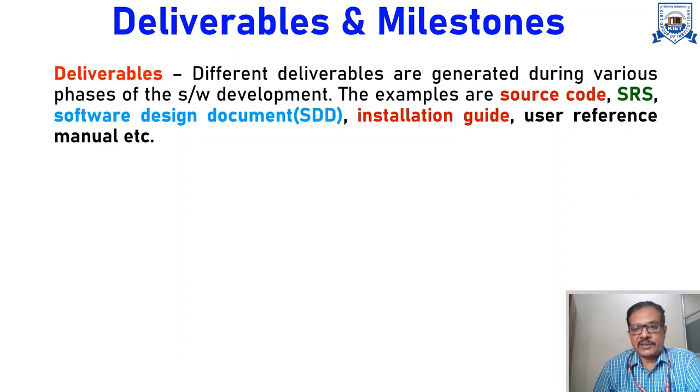The SRS is the output once the requirements analysis is over. The software design document is generated after the design is over. Installation guide, user reference manuals. These are the various outputs that you get after the end of a particular phase of the software development lifecycle, and these are called deliverables.